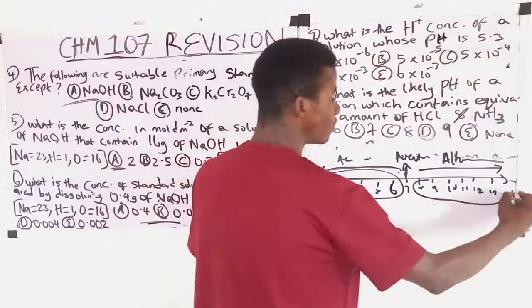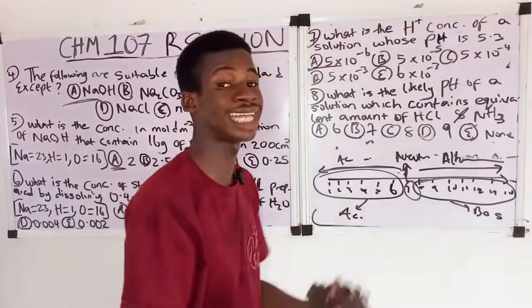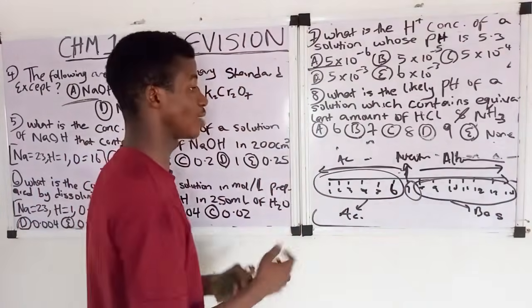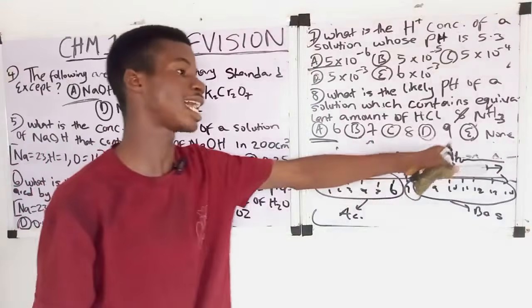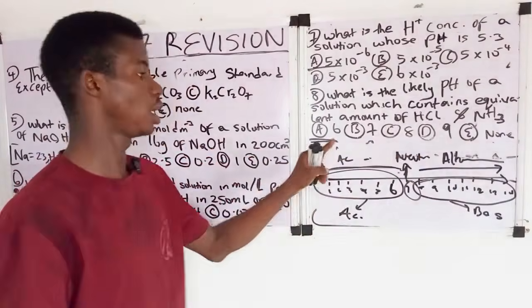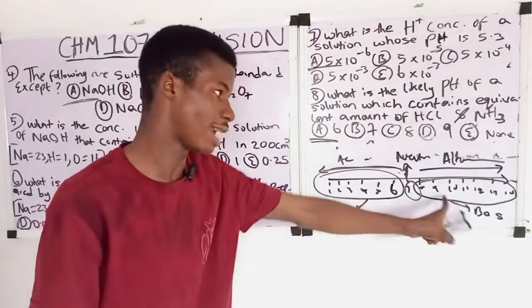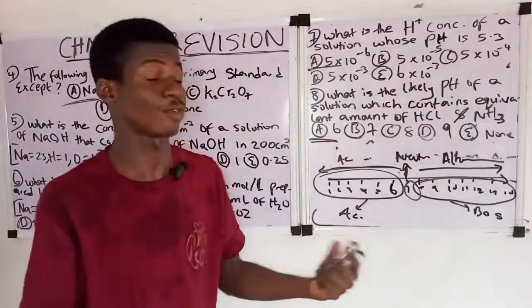From 8 to 14 is basic or alkaline, while 7 is neutral, neither acidic nor basic. So our likely answer will be A, which is 6. 7 means neutral, 8, 9 mean alkaline. So the answer will likely be A. Let's move to the next series of questions.